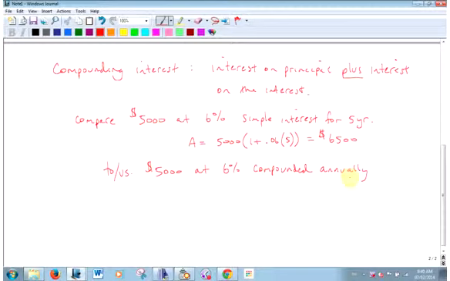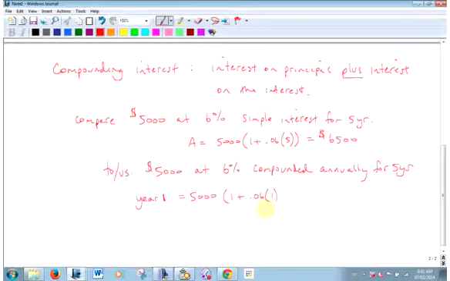Okay, so this is compounded annually, again for 5 years. So what does that mean? At the end of 1 year, I get 5,000 plus, well, let's be consistent here with my formula. Year 1, 5,000, 1 plus the rate, for 1 year.